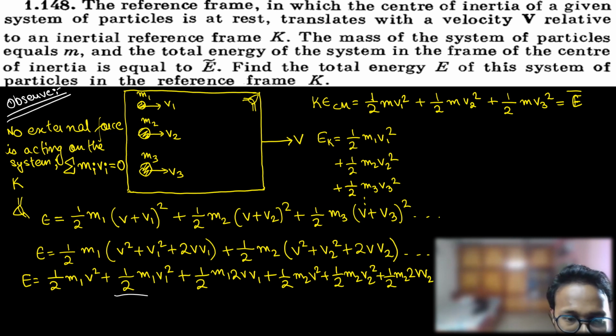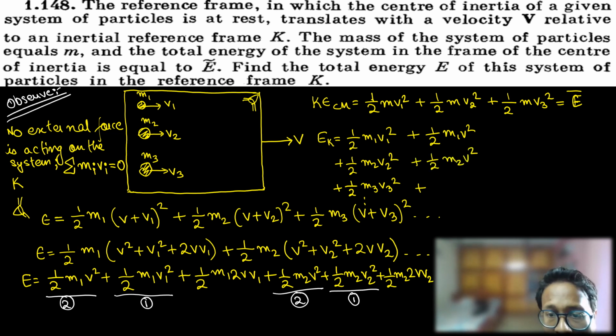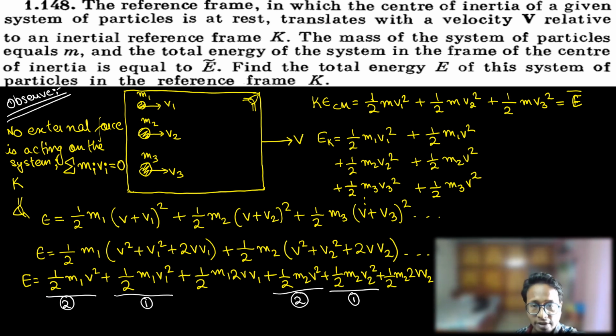This is the first kind of values. Now see this type of values: half m1 v square plus half m2 v square plus half m3 v square, plus half m4 v square and so on, if there are four particles.